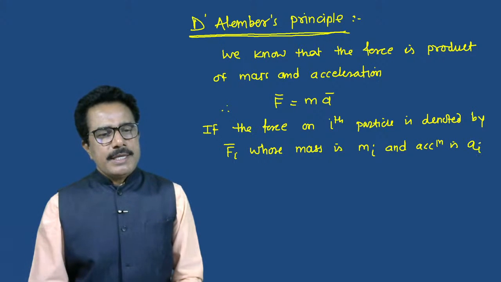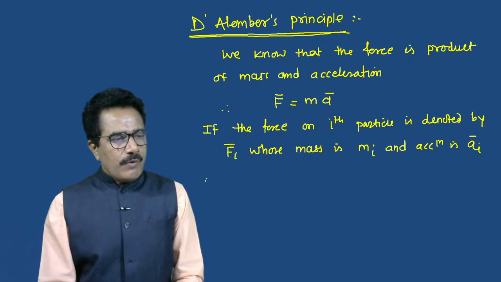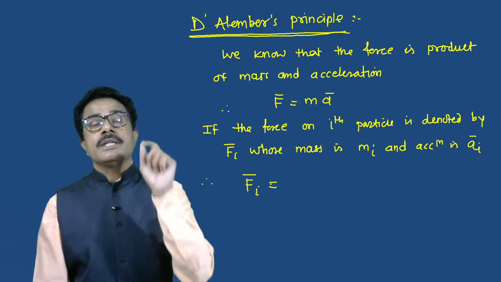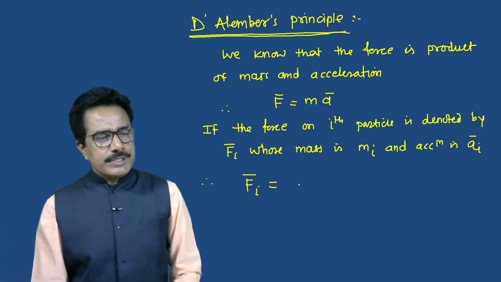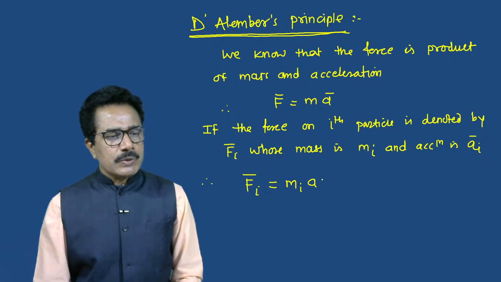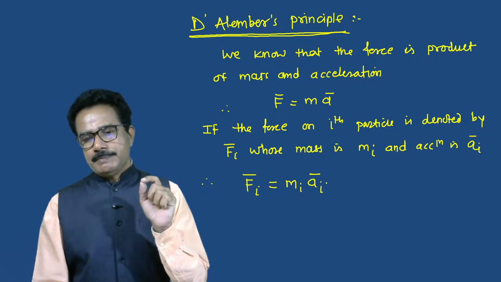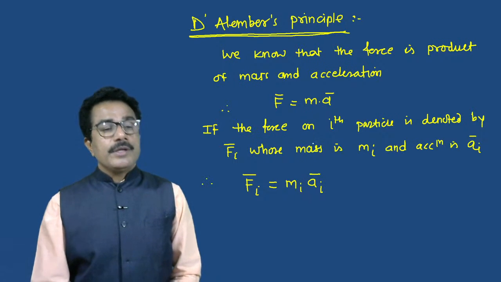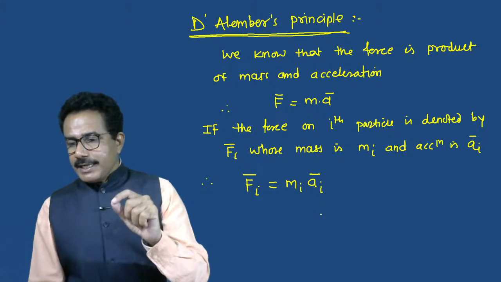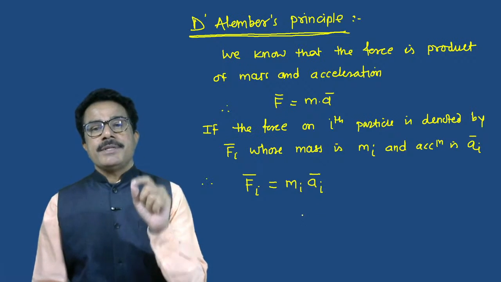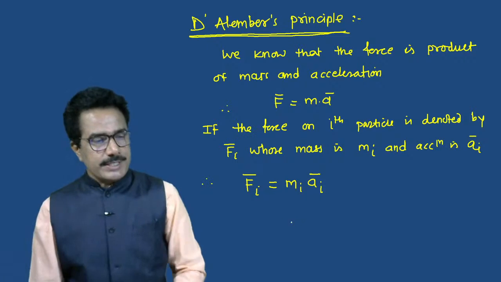is ai bar. So we can write Fi bar, means force acting on the ith particle, which is given by mass of the ith particle into acceleration of that particle. But you know that acceleration, what is the formula for the acceleration? Student, now you tell me. Acceleration means rate of change of velocity.